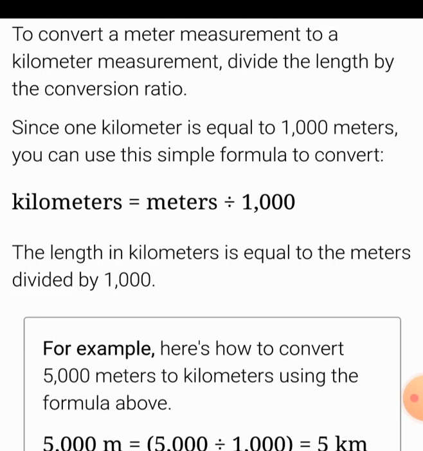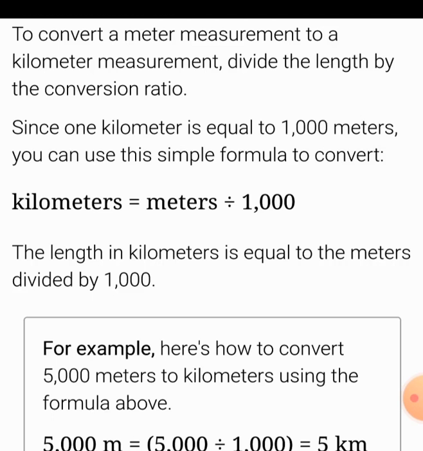It's very easy to use a calculator, but if you don't have a calculator, when you divide by 1,000, you go back 3 times. So 5,000 divided by 1,000 is equal to 5. So 5,000 meters would be equal to 5 kilometers, because we divided the 5,000 by 1,000.